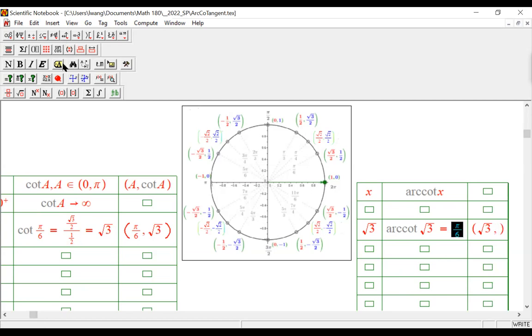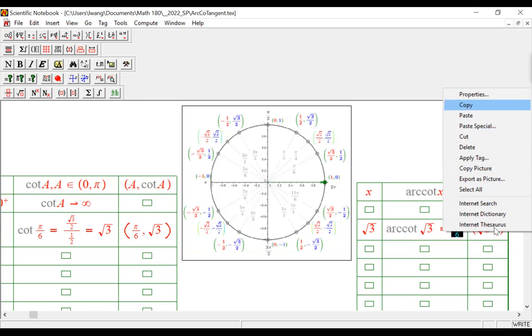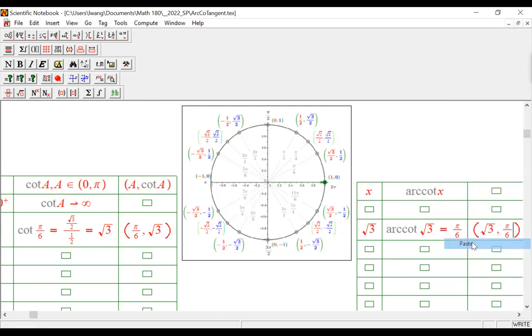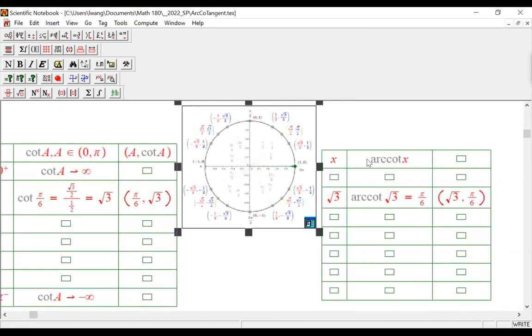You can see that swap takes place. That's the making of the function. For each input, exactly one output. So the function definition is satisfied.